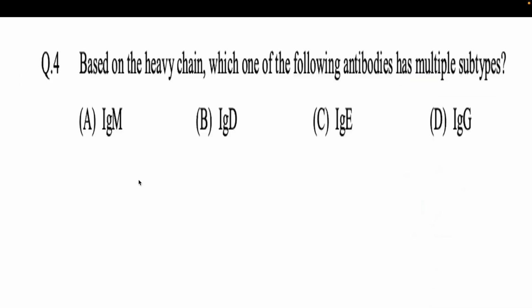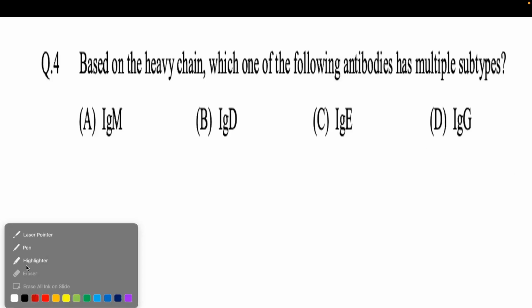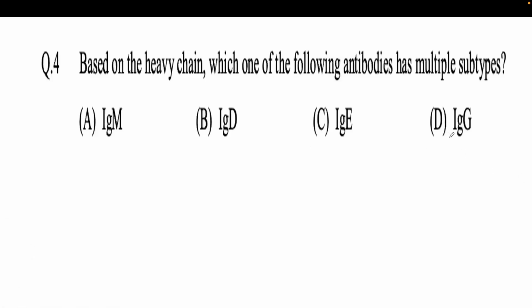In the given options, only IgG is mentioned, so IgG will be the correct answer. IgM does not have any subclasses, and the biological function of IgD is not known; IgD only works as a B cell receptor.